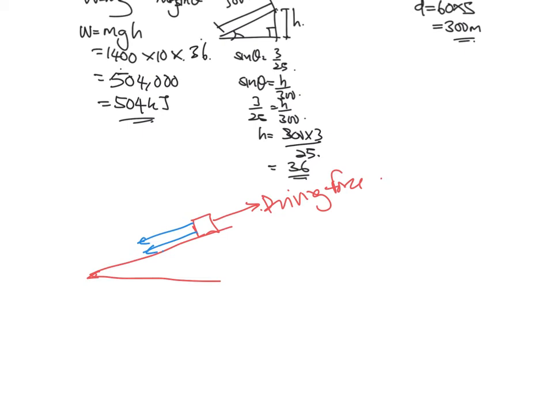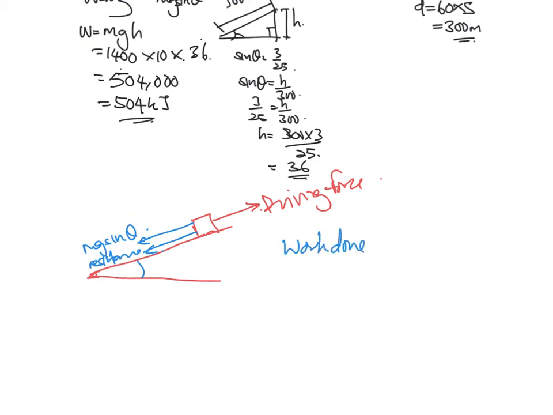If I want to find the net force, the driving force will be mg sine theta plus the resistance. If it's in equilibrium, then mg sine theta plus the resistance will be the driving force.